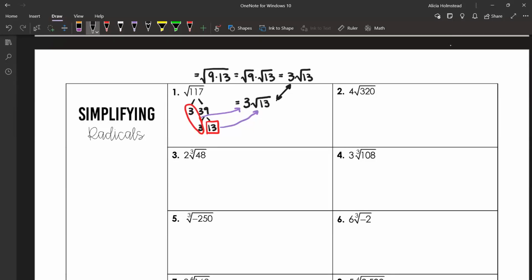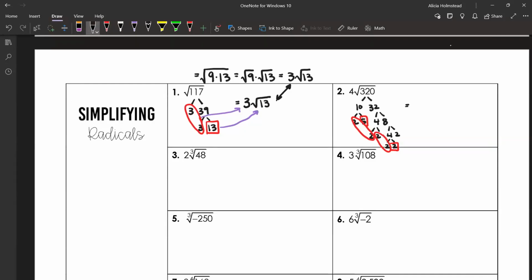Alright, number 2, let's do another example. So factors of 320, let's start with 10 and 32. 10 is 2 and 5, 32 is 4 and 8, 4 is 2 and 2, 8 is 4 and 2, 4 is 2 and 2. Okay, so our index there is 2, so we're going to circle groups of 2 things. So we've got 2 2s there, 2 2s there, and then we've got a 5 left over and a 2 left over.